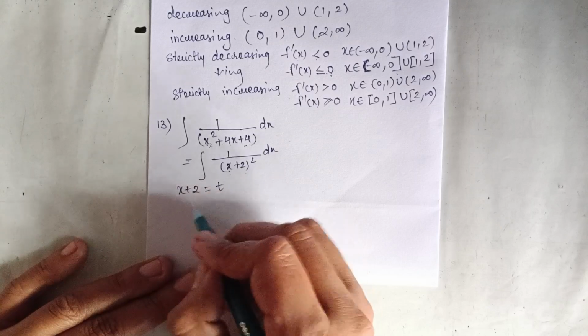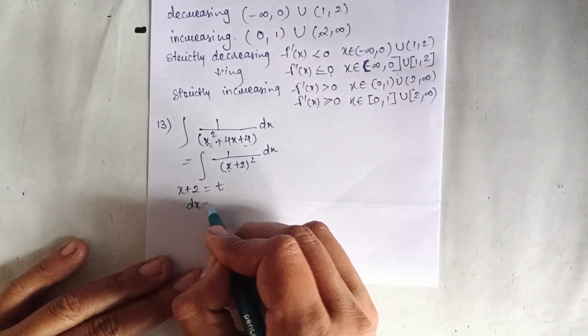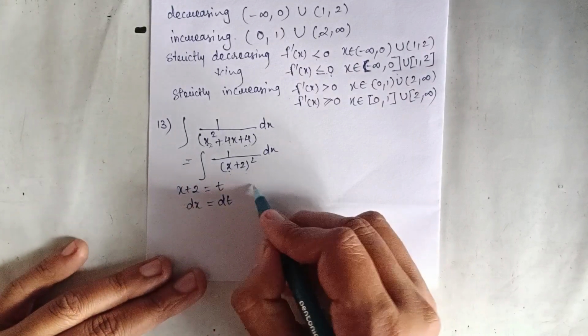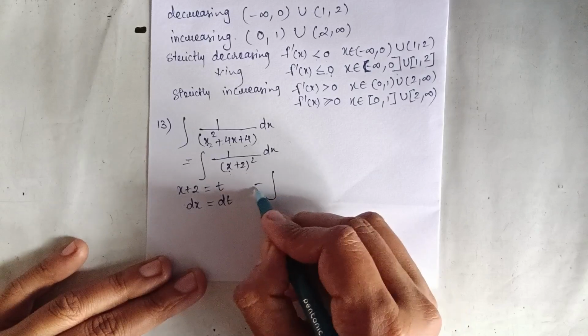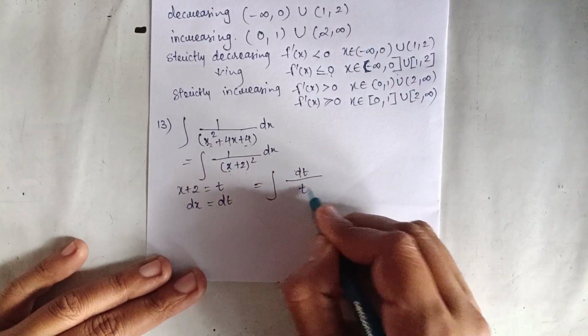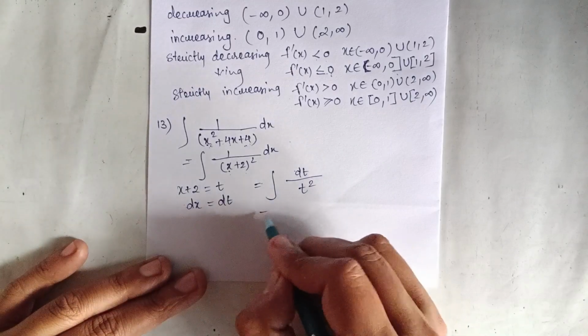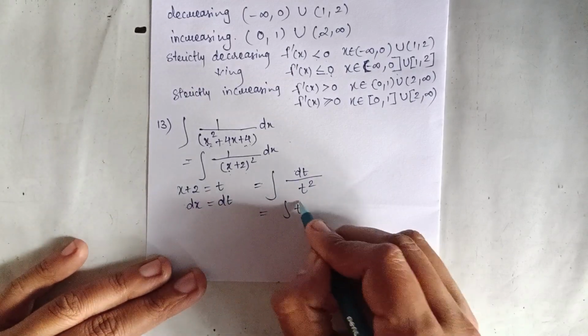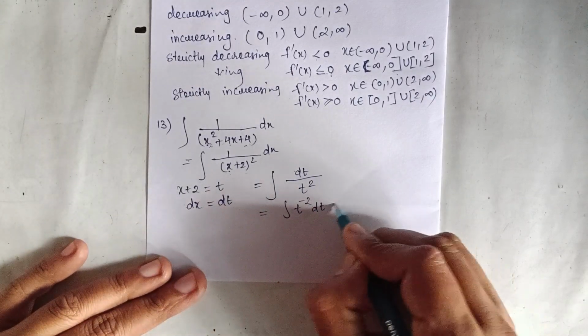So differentiating both the sides, you will get dx equal to dt. So substitution will be integral dt upon t square. Okay. So this will be t raised to minus 2 dt.